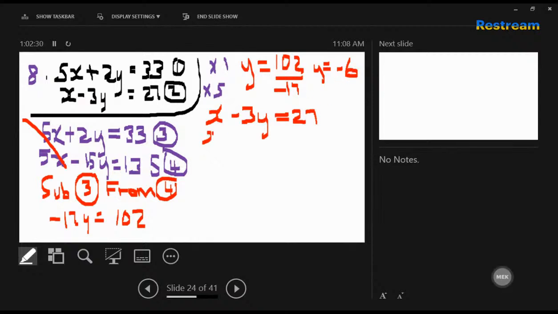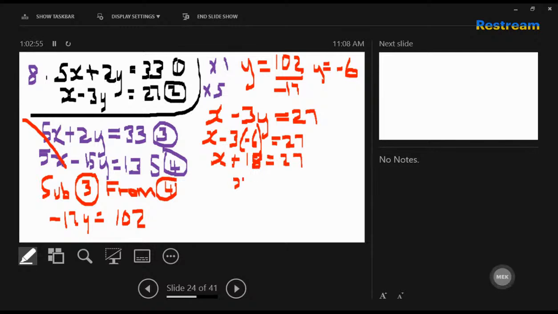So we're going to have x minus 3 times negative 6 is equal to 27. So x, negative 3 times negative 6 is a positive 18.